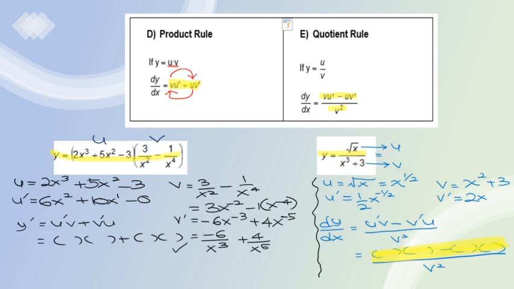And then dy dx equals to u prime v minus v prime u over v square. So copy back.